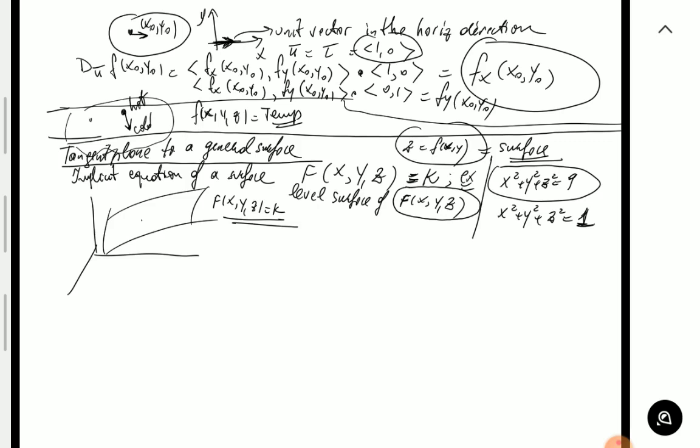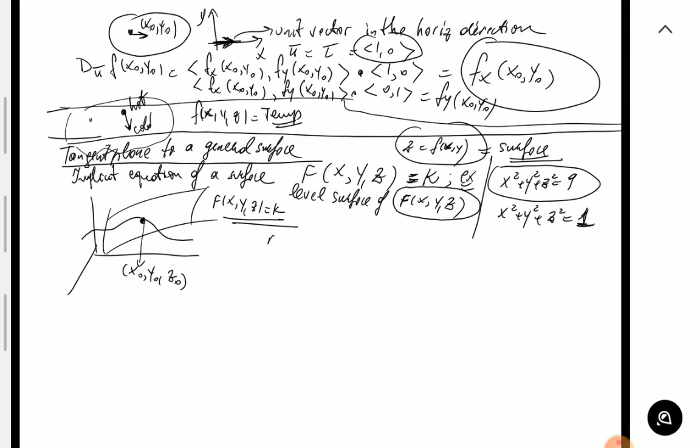So let's pick a point on the actual surface. This is the point x naught, y naught, z naught. And suppose we're looking at a curve that goes through the point and is on the surface.